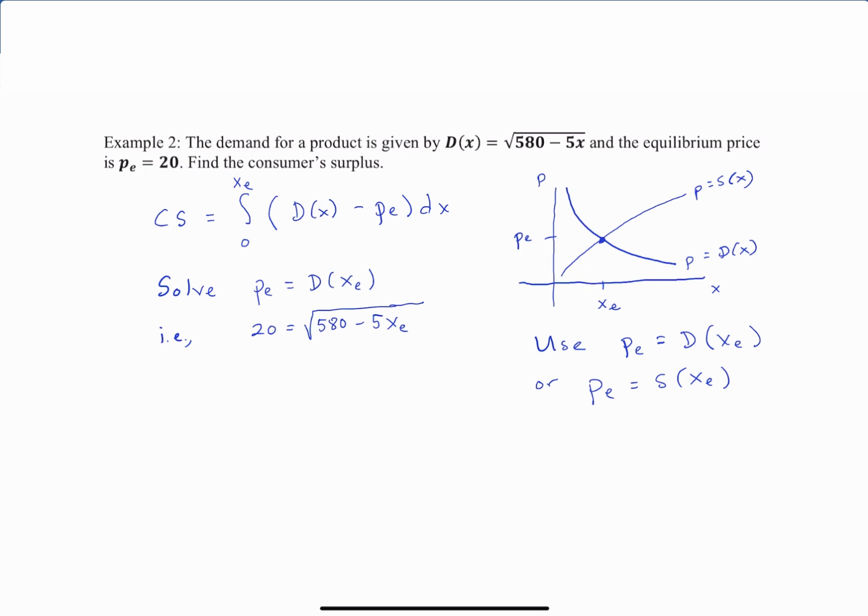So let's see. I guess I need to square both sides of the equation here to get rid of that square root. So I'll have 400 equals 580 minus 5x sub E. And then if I subtract 580 from both sides, I'll have negative 180 equals minus 5x sub E. Let's divide both sides by negative 5.